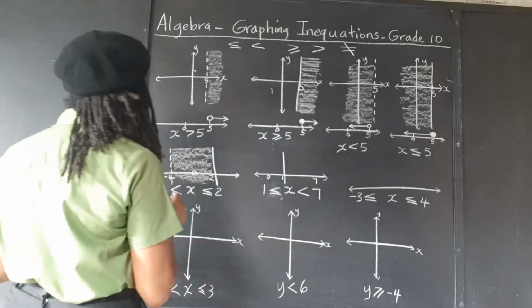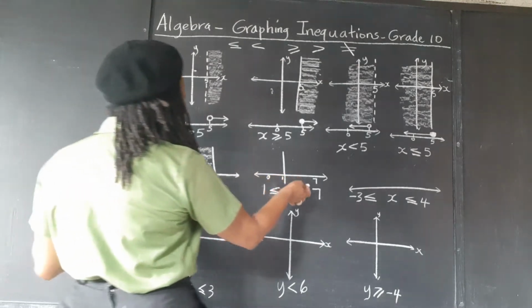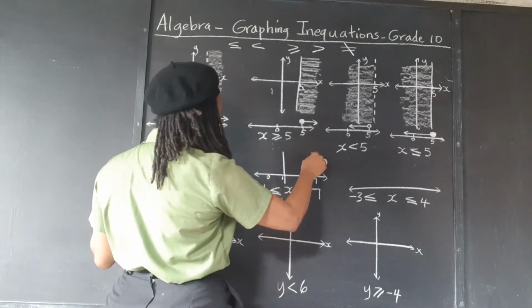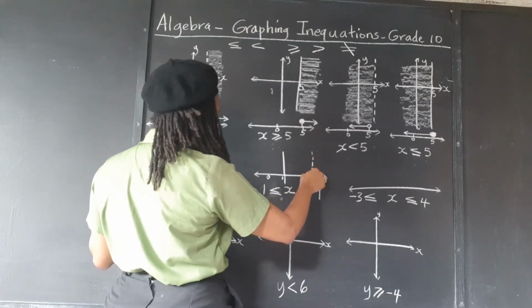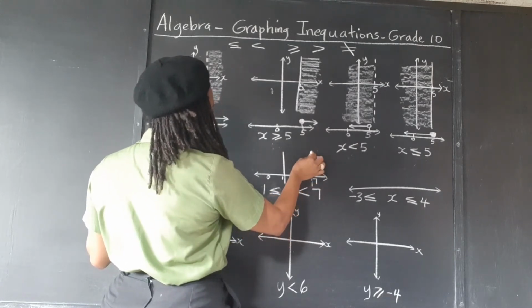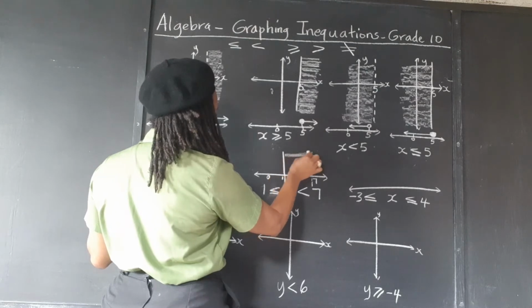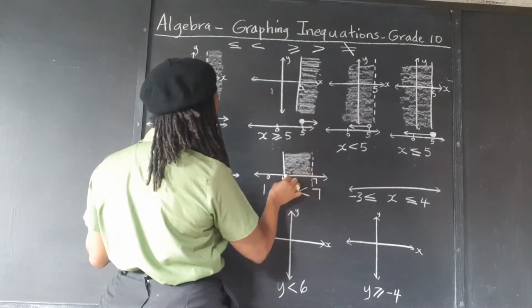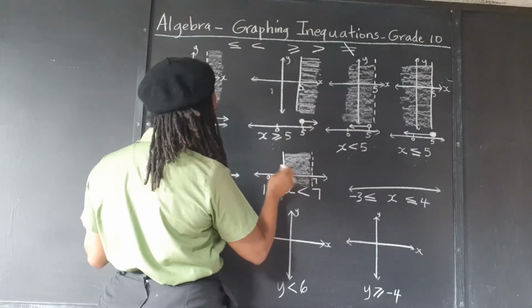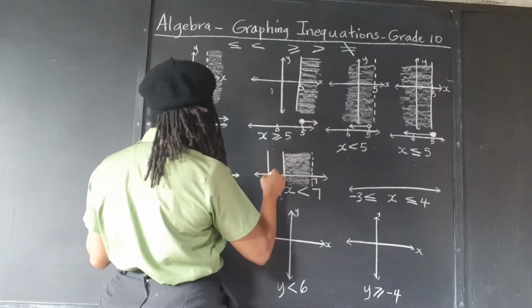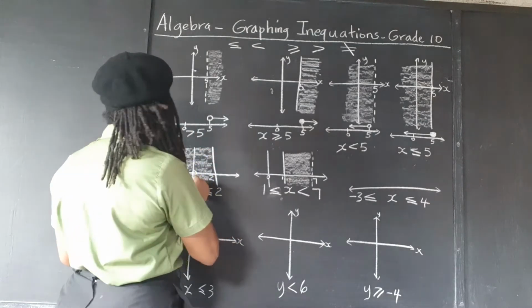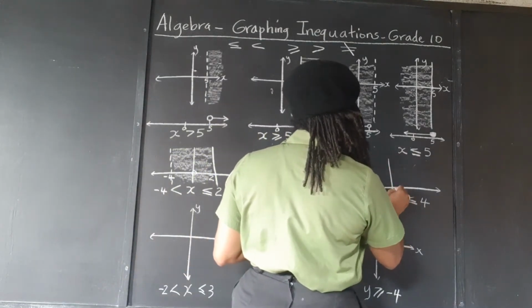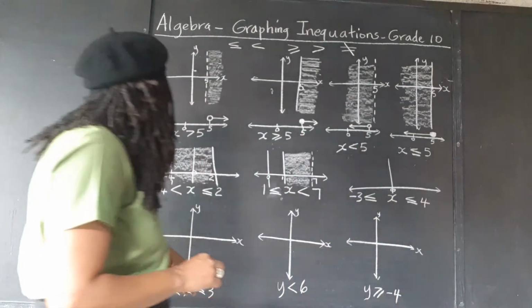And it's less than 7, so broken line, and we shade in between. So that's 0.